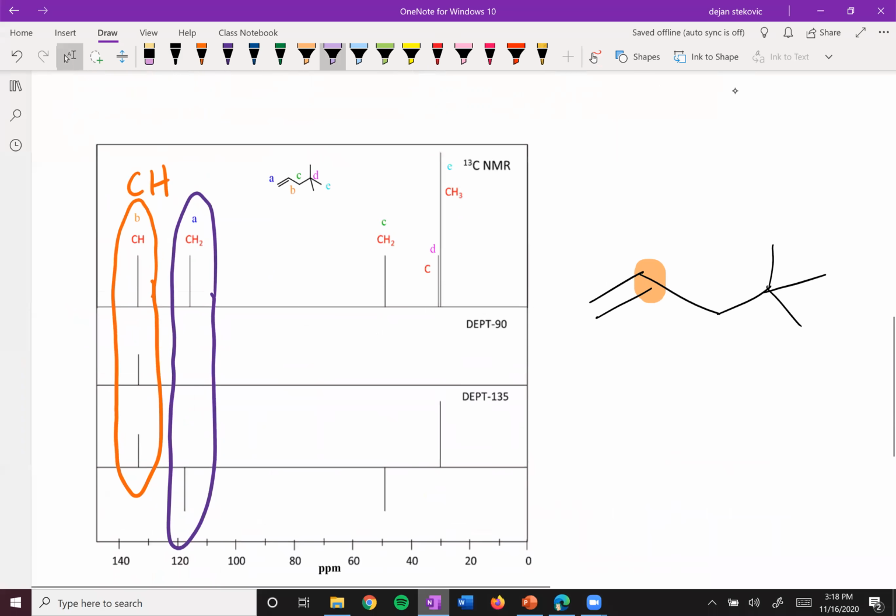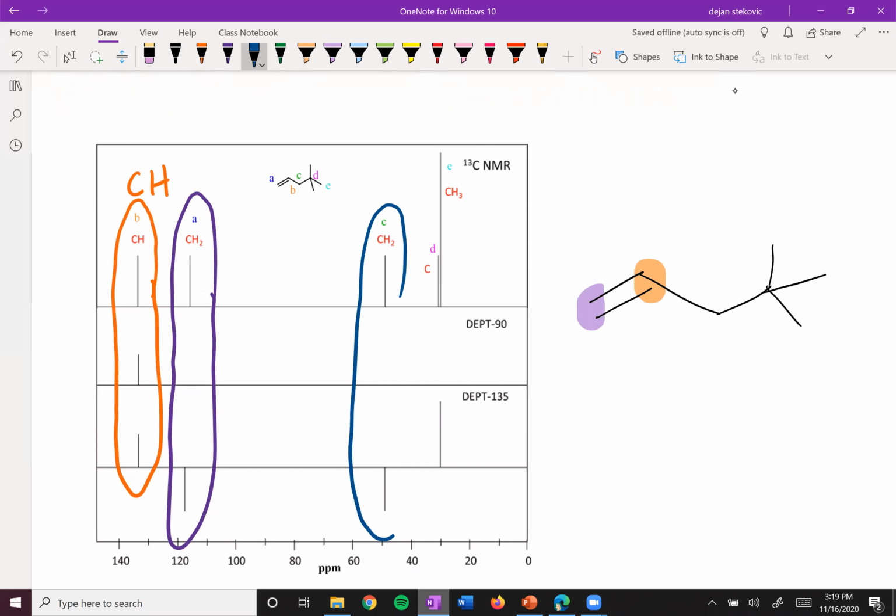Sorry about that, my tablet's not feeling it today. And we actually have two CH2s right here, right? And so how do we decide which one's which? Well, then we take a look at the chemical shift, right? This one's at 120, indicating that it's part of a carbon-carbon double bond. And so it must be this carbon right here.